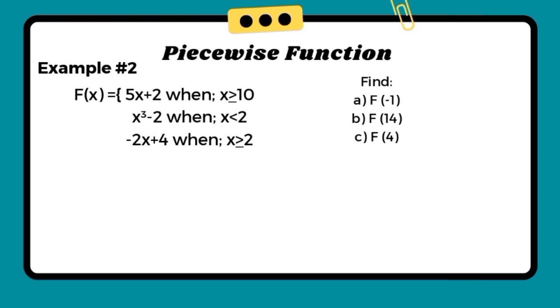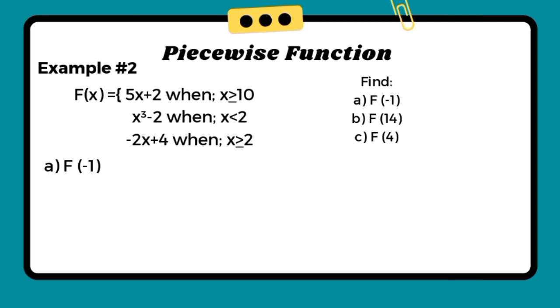For letter A, f of negative 1. Where does negative 1 belong in the given restrictions? It belongs to x is less than 2, because negative 1 is less than 2.